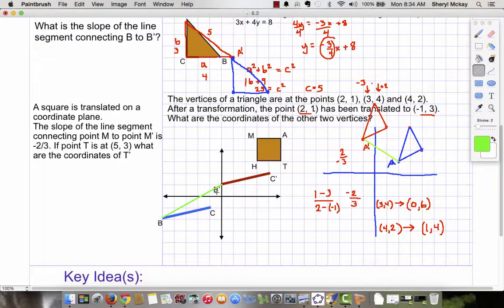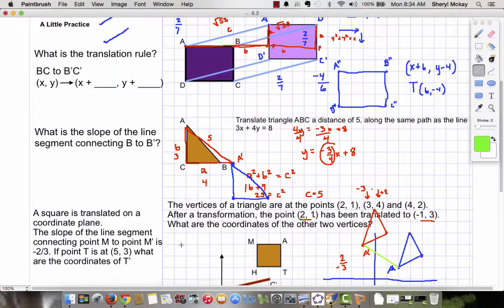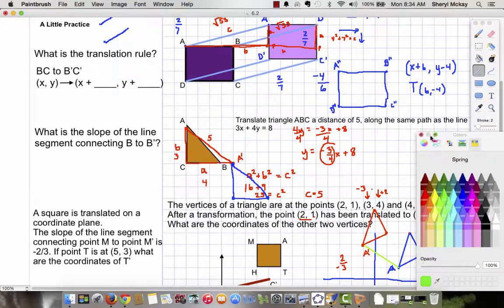So from B to B prime, we went to the right. We added 5 to the x value, and we added 1, 2, 3. We added 3 to the y value. So we're going to say x plus 5, y plus 3. That's our translation rule. All right?